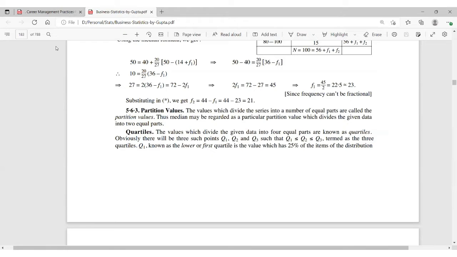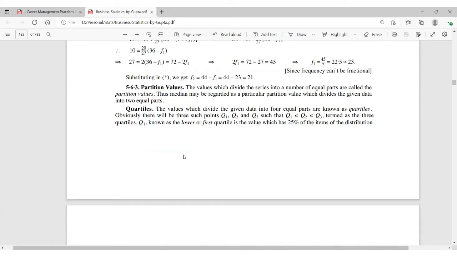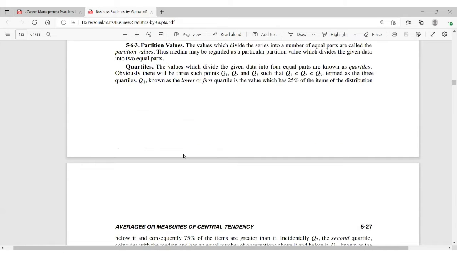Okay, now see, quartiles. The values which divide the given data into 4 equal parts are known as quartiles.